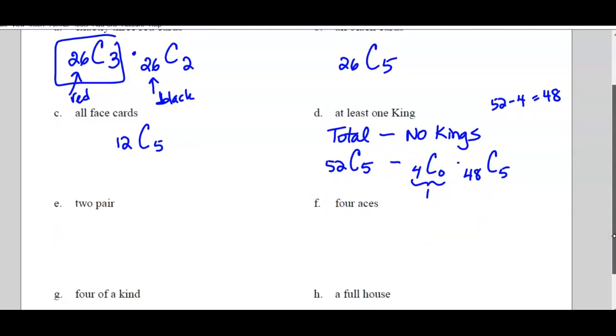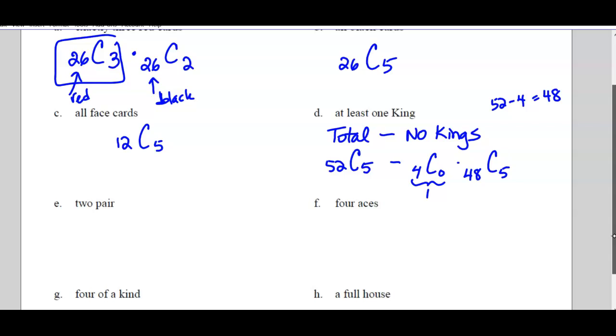Okay, so 2 pairs. Think about 2 pairs. If one of the pairs is a pair of 4s, then your other pair cannot be a pair of 4s because that's considered 4 of a kind, right? So your 2 pairs have to be different numbers. Of the 13 different numbers, you have to have 2 different numbers that you are having pairs of.